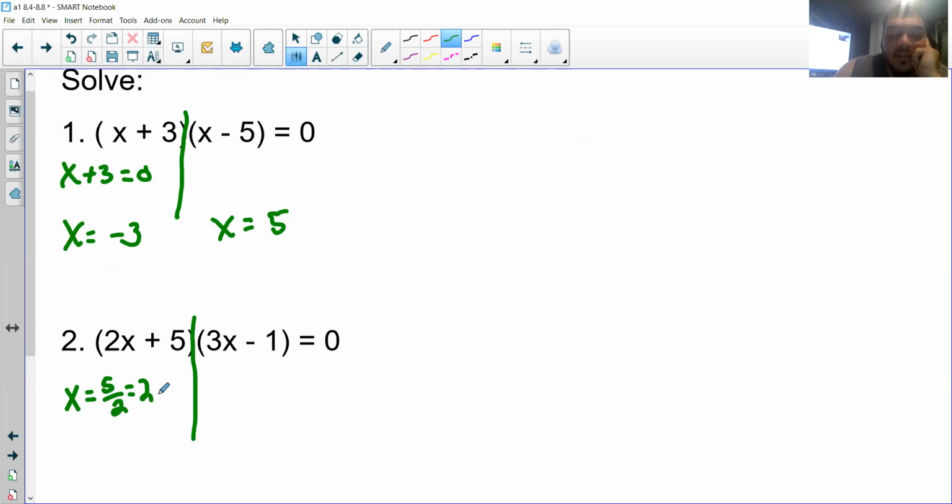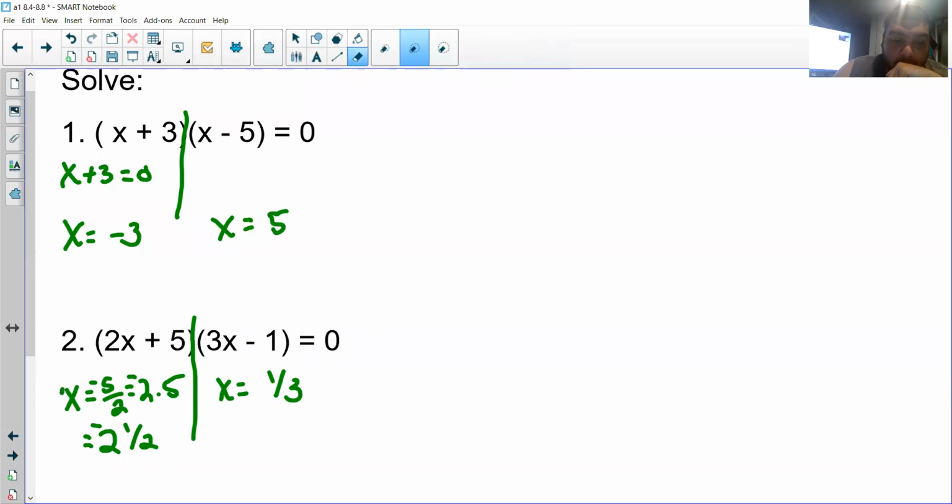You might have written it as 2.5. Either answer is correct. I'm sorry, it should be negative of all these. Negative 5/2, negative 2.5. Over here, this would be a positive 1/3.